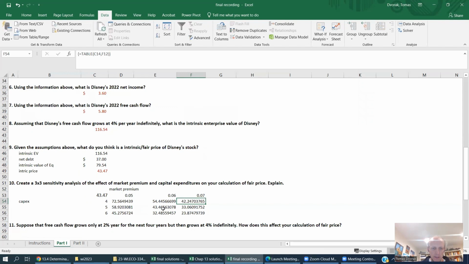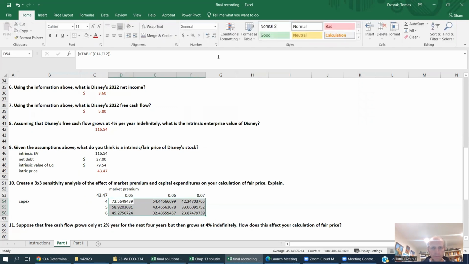And clearly, if I'm in the baseline scenario, that's the one in the middle, where capex is 5 billion and the market premium, sure, let's make that a percentage, is 6%, then the fair price is $43.